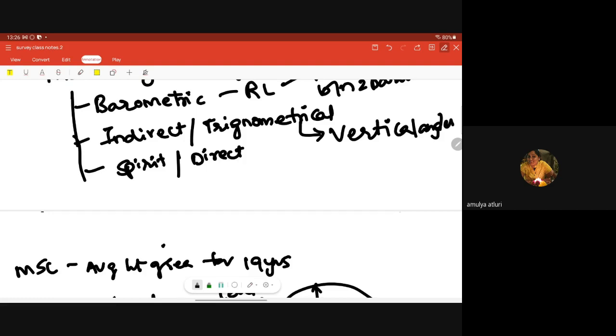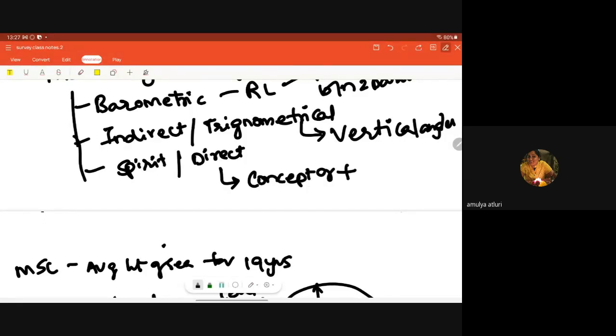Next, spirit or direct leveling: the concept of telescope and spirit level is coupled here.